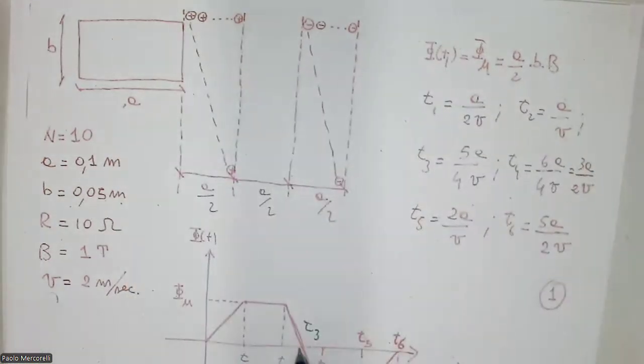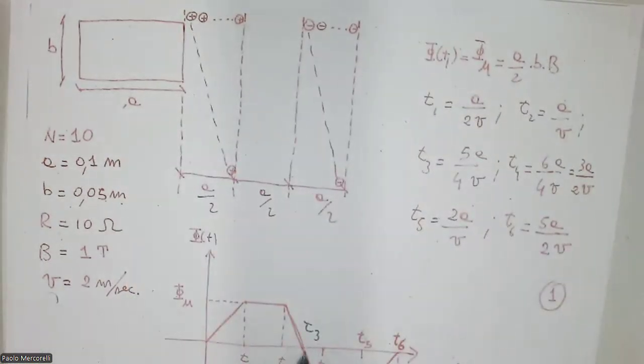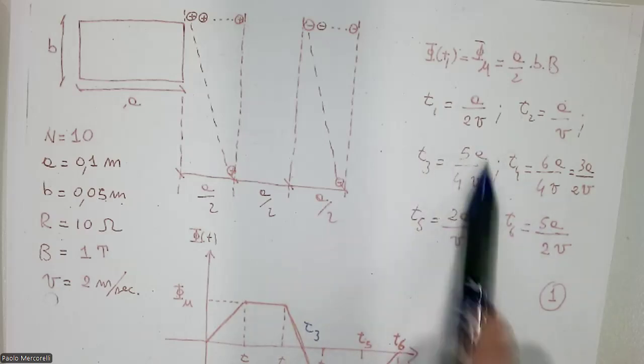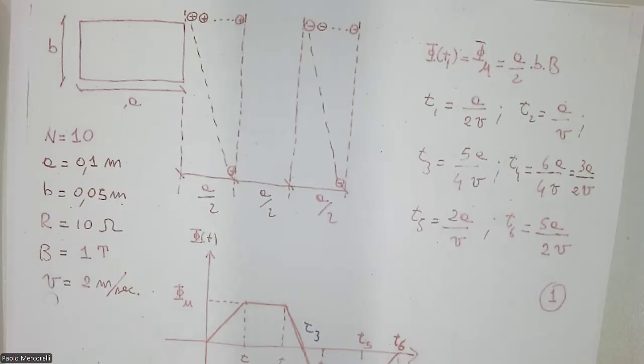This means 0. When this happens, this interval is half of this interval here. It's intuitive, and you can calculate it with this concept. T3 is T2 plus T1 divided by 2. And we have this. Try to do it.